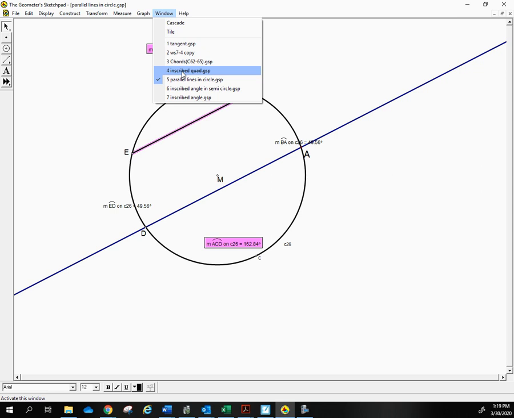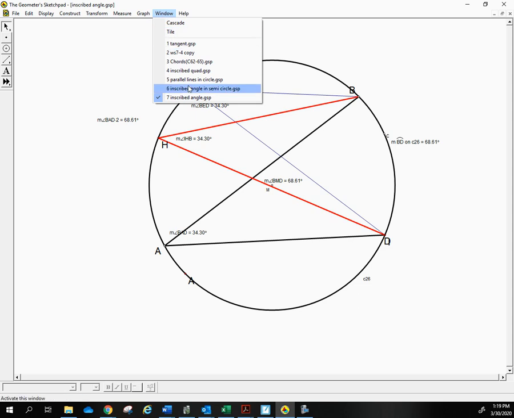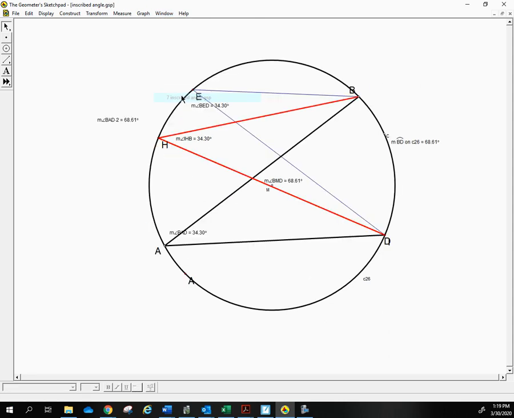Okay, this one is going to deal with these rules right here about when I went from an inscribed angle to a central angle. Let's go back down to this one here.